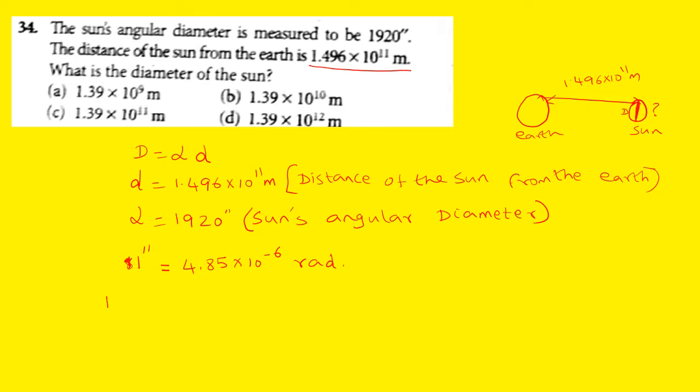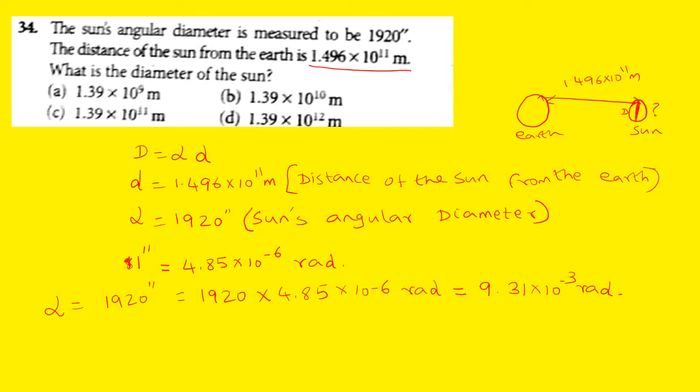So what will be 1920 seconds? 1920 times 4.85 into 10 power minus 6, and then it will become radians. When you multiply, you will get the answer 9.31 into 10 power minus 3 radians. This is the alpha value in radians.